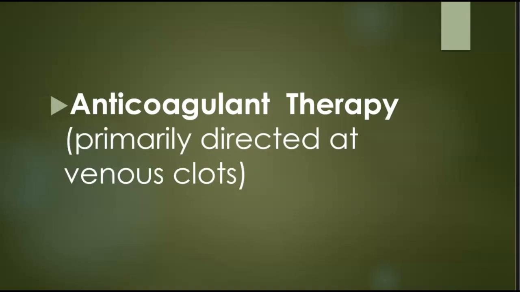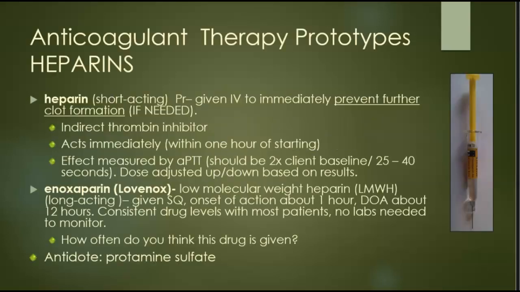So anticoagulant therapy is primarily directed at venous clots. Now we're going to talk about arterial clots as well, but we're going to start by talking about heparins. So two kinds of heparin that we're going to learn about here. There's heparin, which is short-acting. That's your prototype.